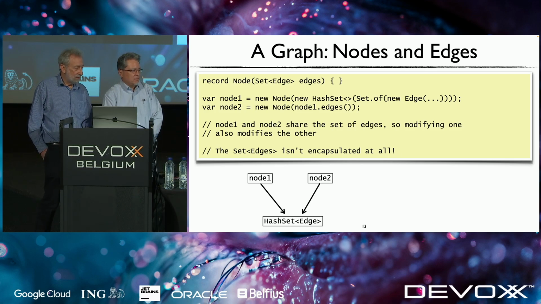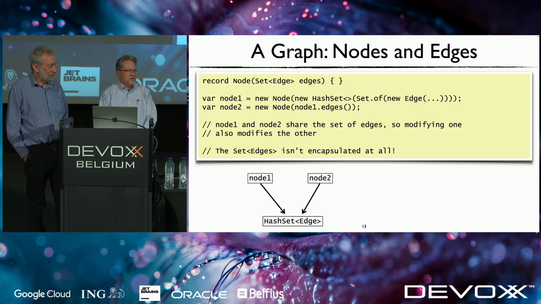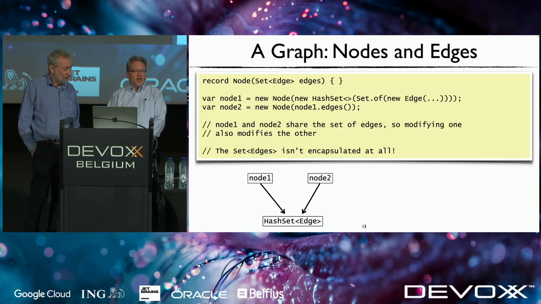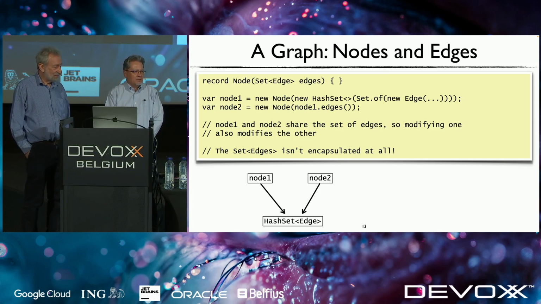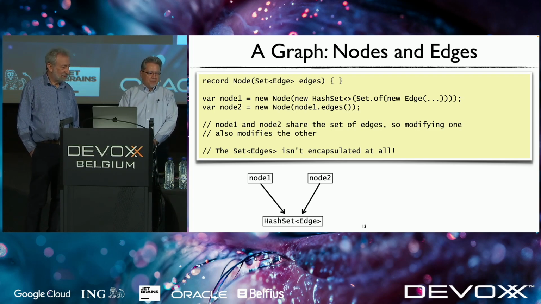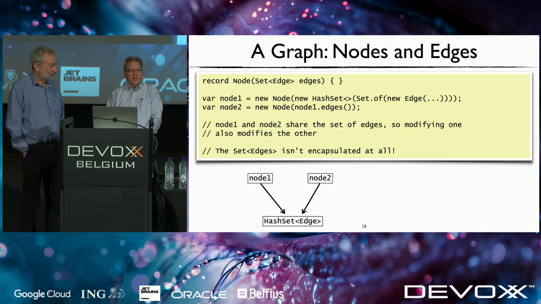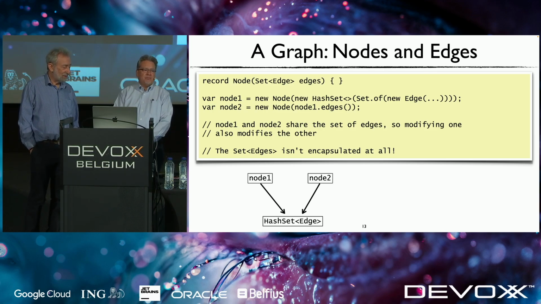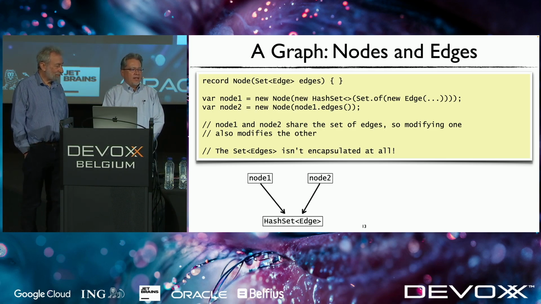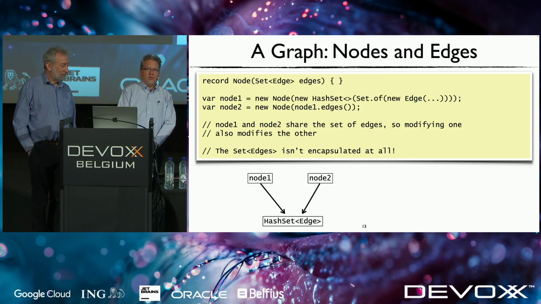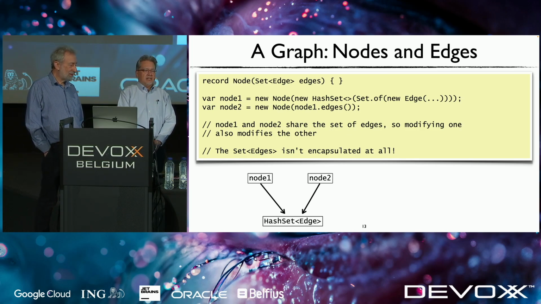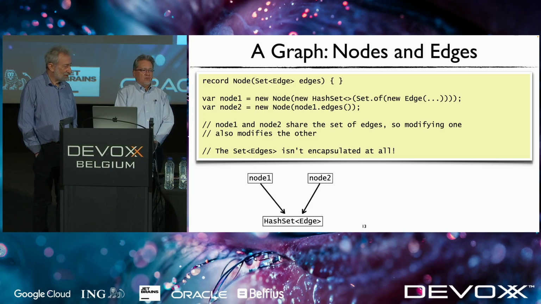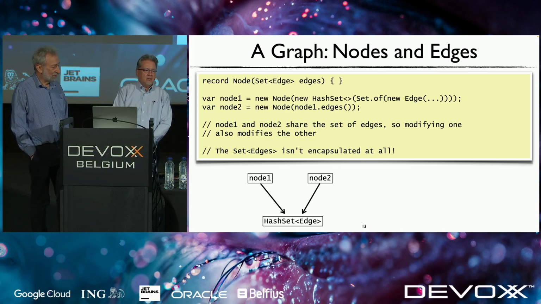Okay. So there's a third problem here. We still have our node record, and we have some sample code that creates a new node called node 1, and it just passes a new hash set into it. And then the second line, we create another node 2, but we pass in the set of edges that we get out of node 1.